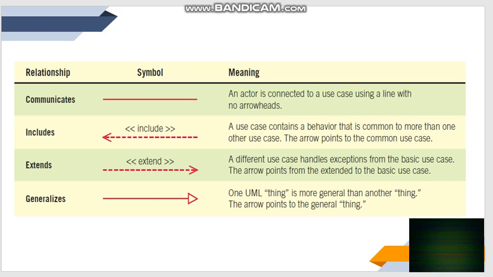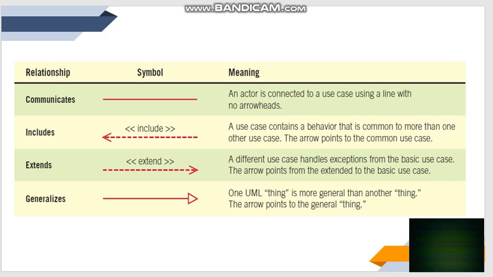Second is the includes, which has a back arrow. It is a use case containing a behavior that is common to more than one other use case. The arrow points to the common use case. The third is the extend, with that symbol.